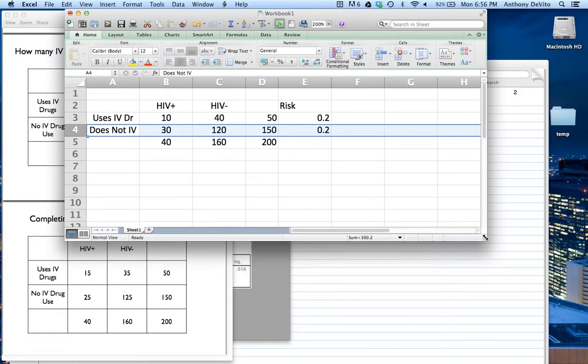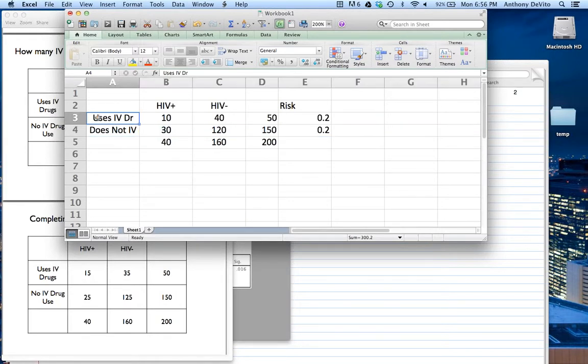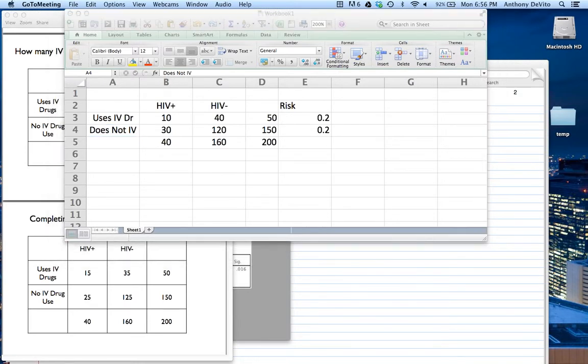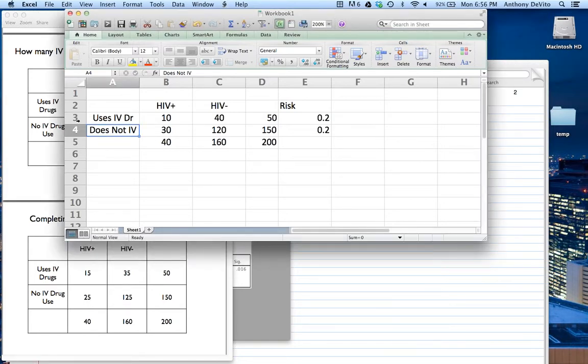If this were true, and it's not true, what would you say about the risk of IV drug use if the risk is the same if you use the drug or not? You'd say that there's no association between IV drug use and HIV status, right? No association.